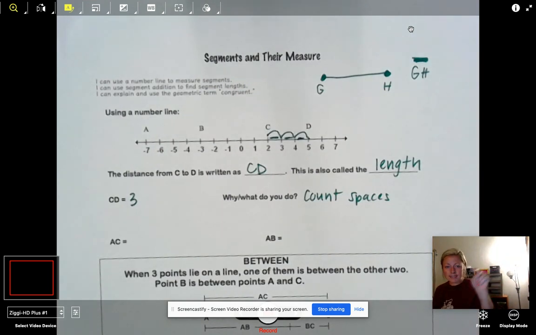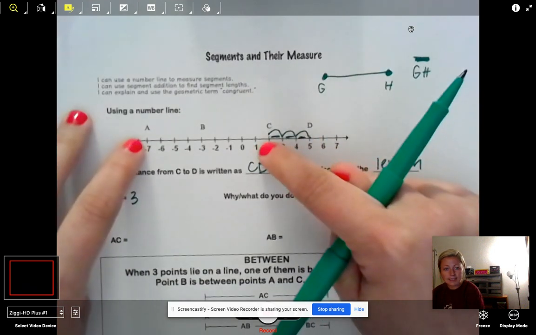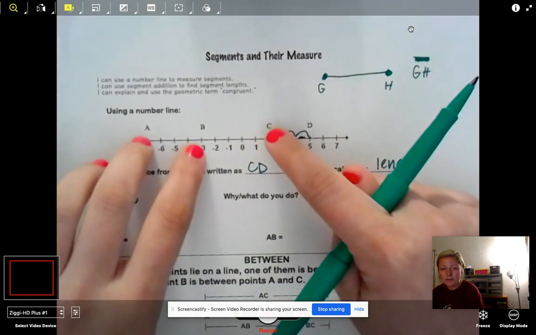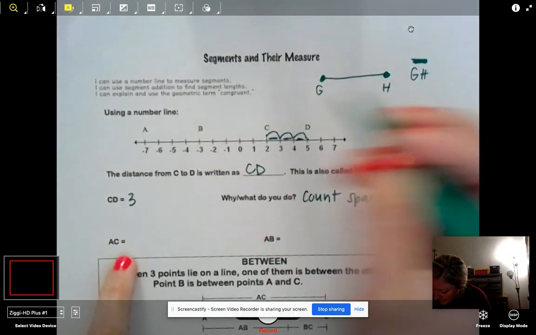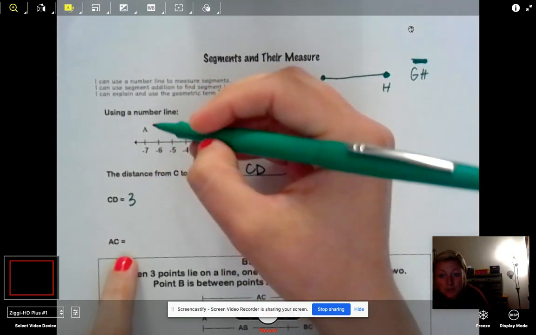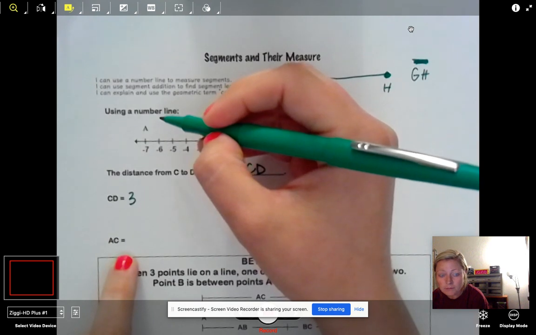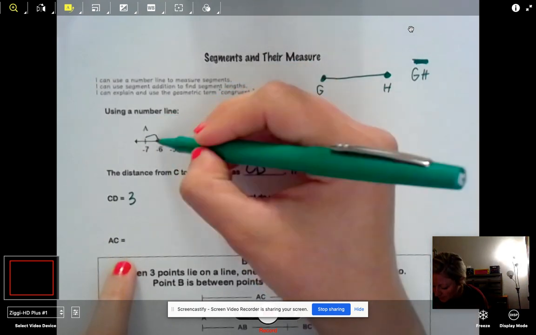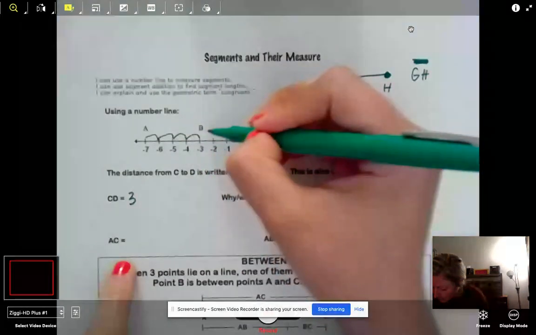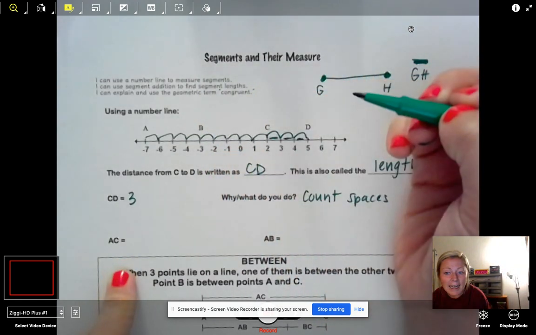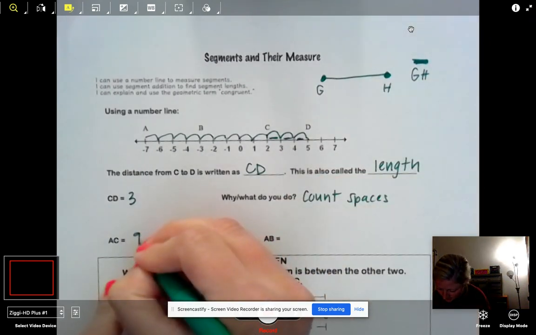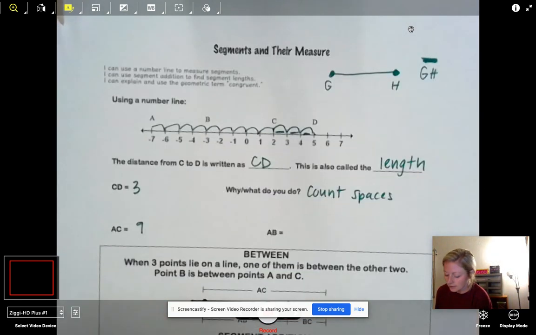Okay, you guys take a second. You find the length of AC here and AB. Ready? Go. Okay, let's find AC. I'm going to count the spaces or do the little bunny hop. Ready? 1, 2, 3, 4, 5, 6, 7, 8, 9. Did you guys get 9? 9 units long.